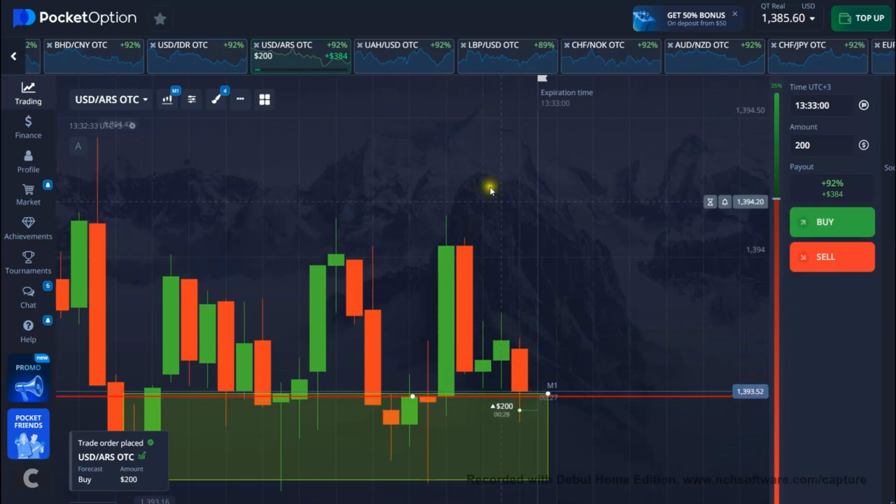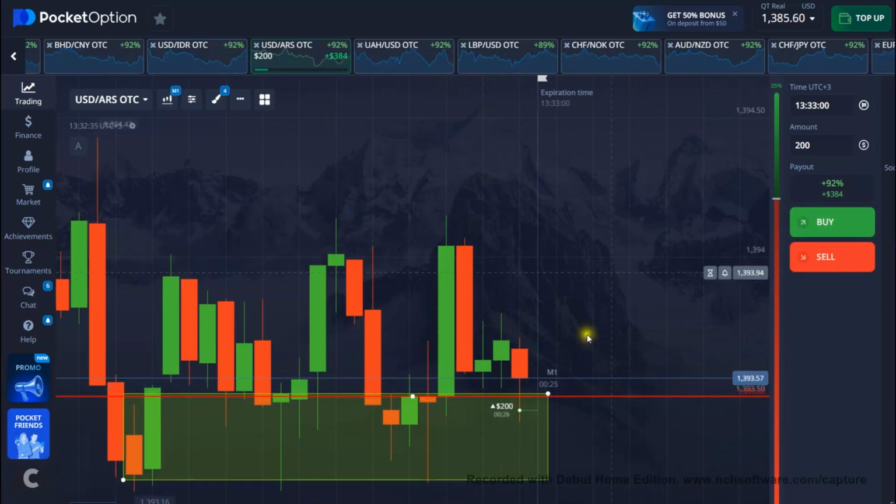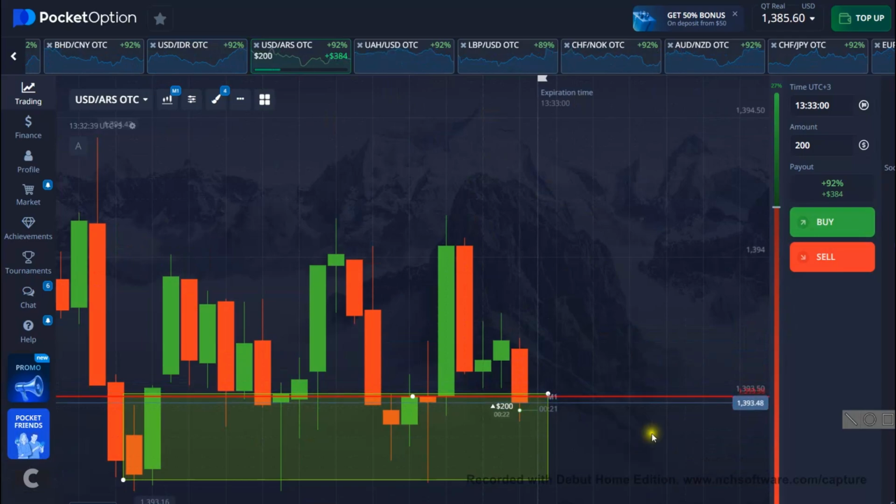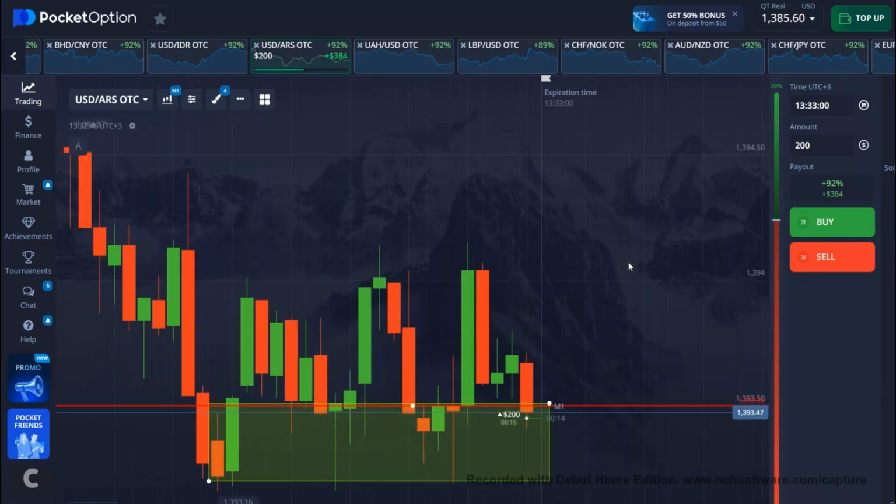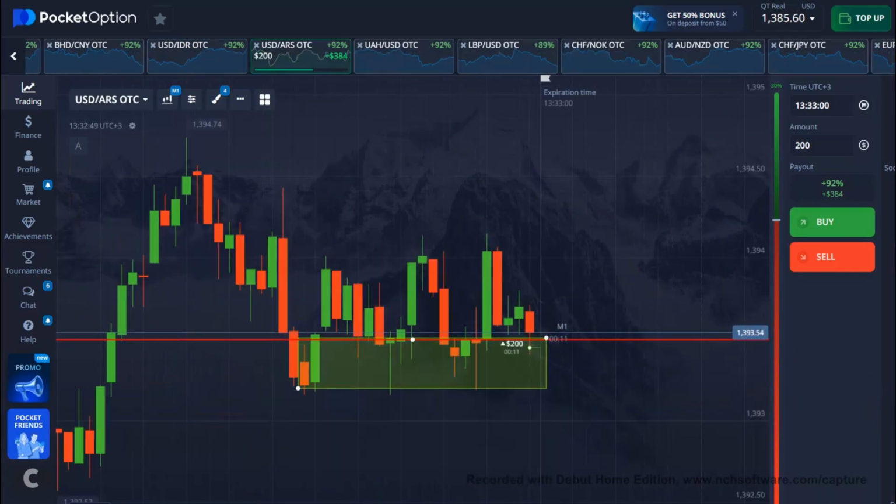Okay, so I just took my first trade with the buyers. So I waited for the market. So as we can see right here, okay, let me explain why I took this trade. As we can see, we have this rejection, this one and this one.